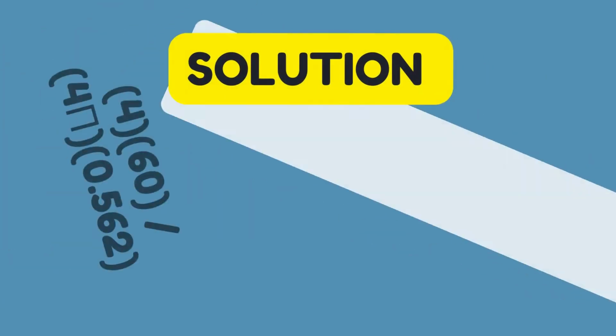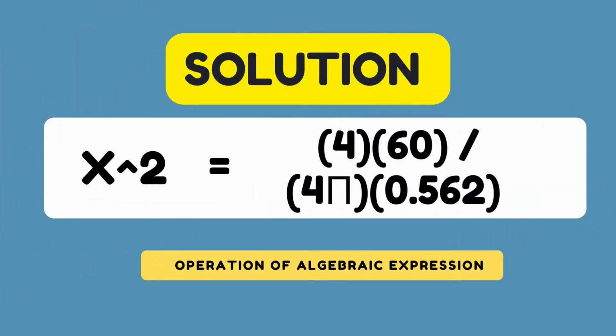Operating further the algebraic equation, we shall have x squared is equals to the quantity 4 times 60 divided by the quantity 4 times pi with a constant value of 3.1416 times 0.562.